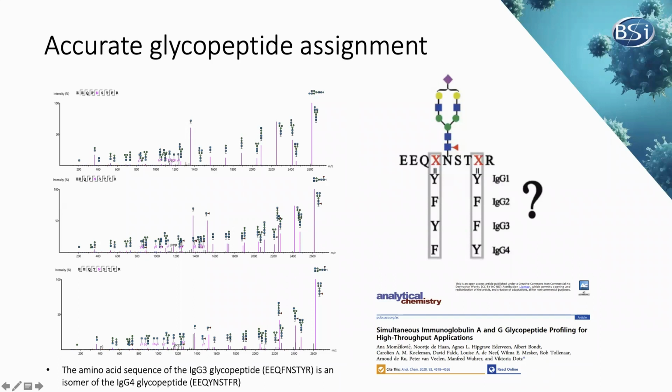The bottom two here are basically the same glycopeptide from IgG3 and IgG4. They're isomers, just having the tyrosine and phenylalanine swap between the two positions, and we're still able to map them to the correct IgG subclass.